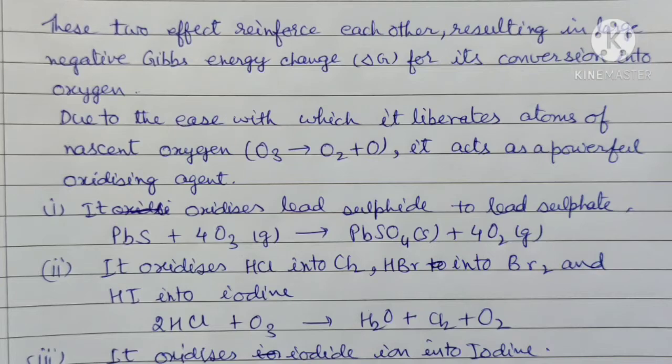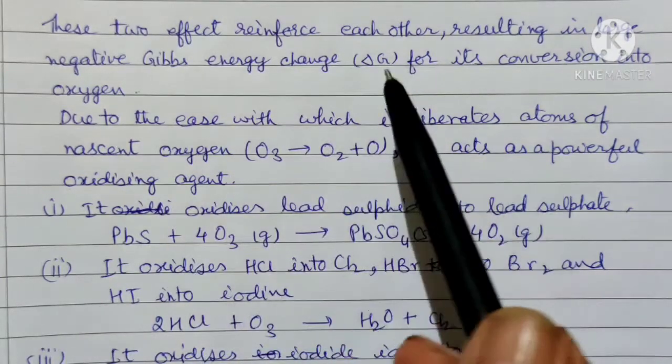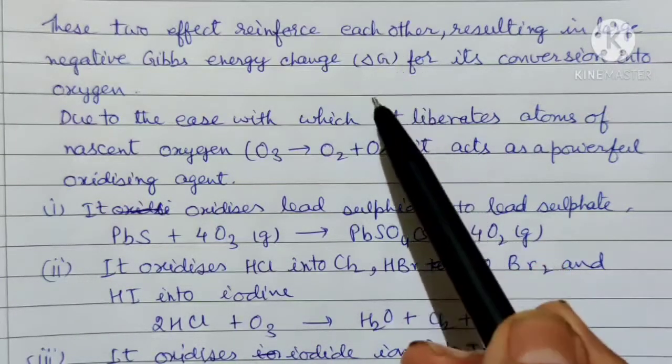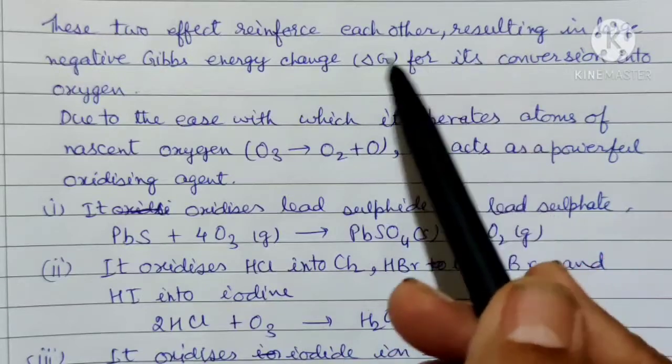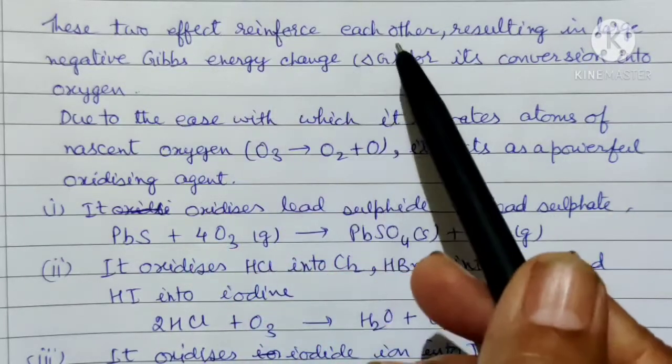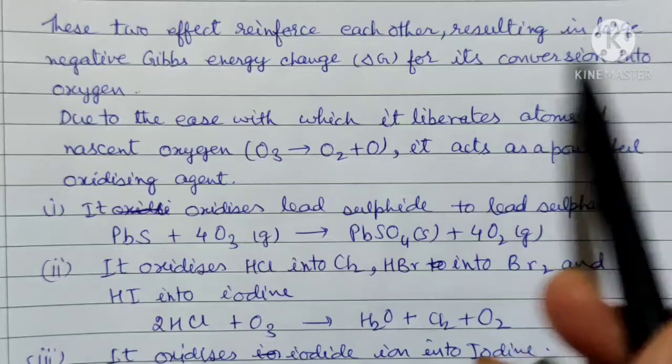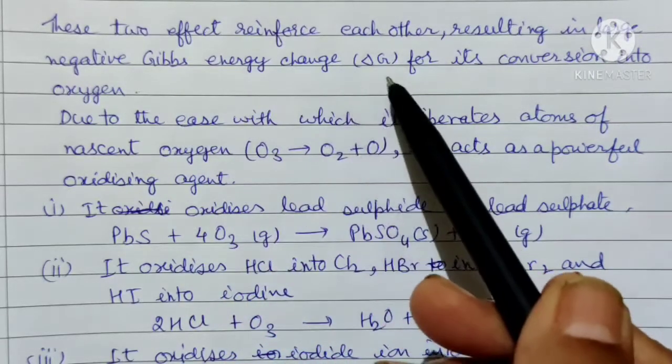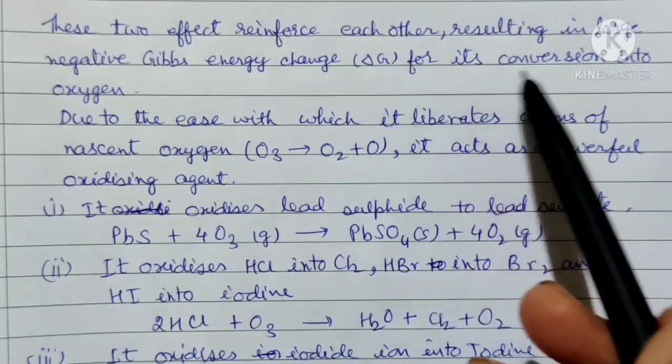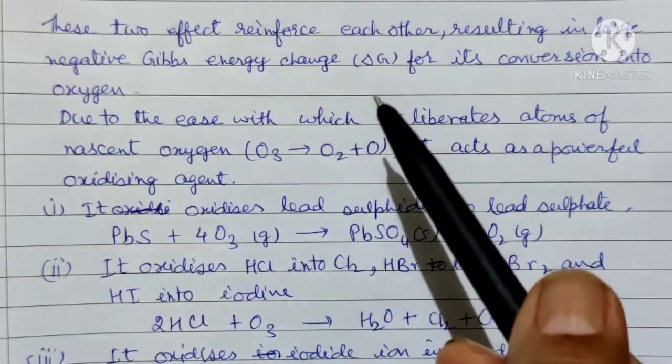These two effects, the entropy and the enthalpy, reinforce each other, resulting in a large negative Gibbs free energy, delta G, for its conversion into oxygen.